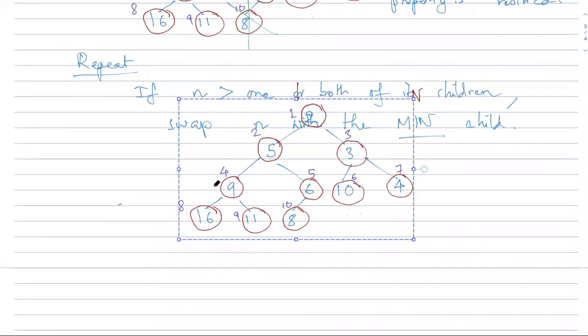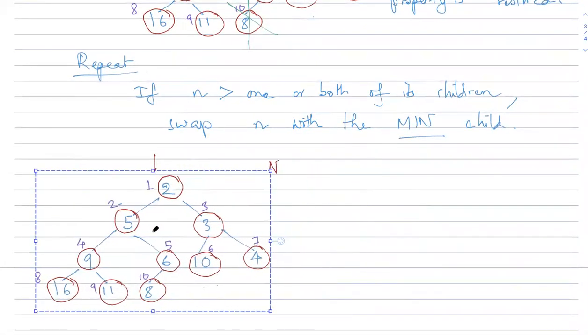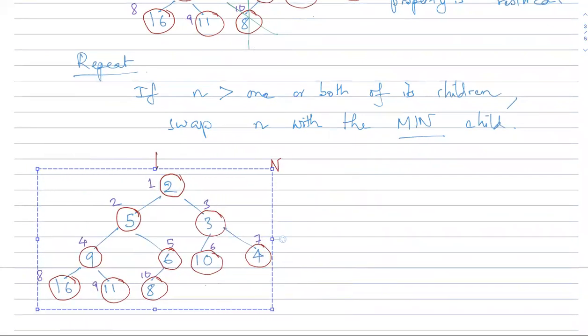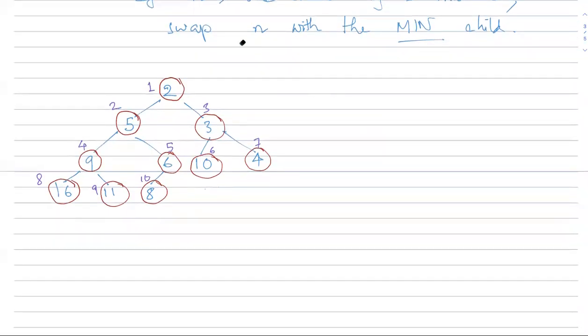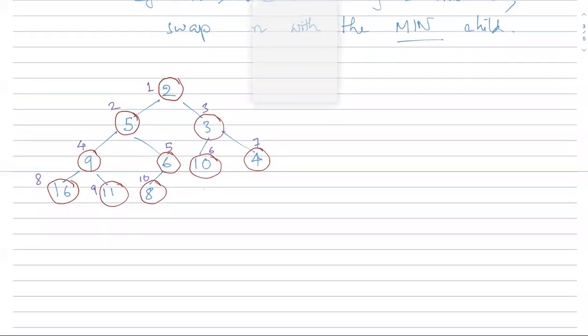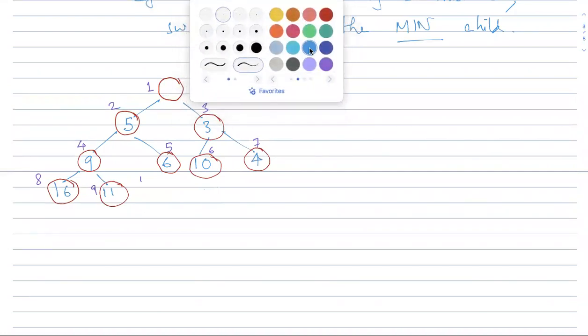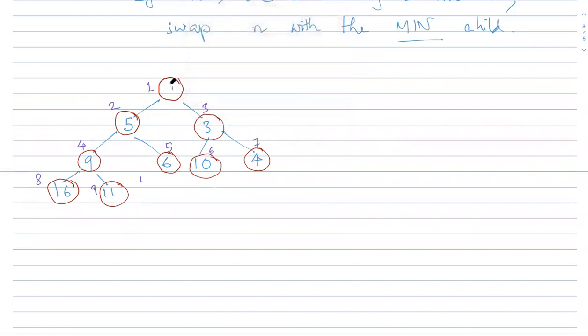All right, so let's remove this guy. We are in a status where we have replaced the first entry already, which is 8, and this is violating the heap order property.